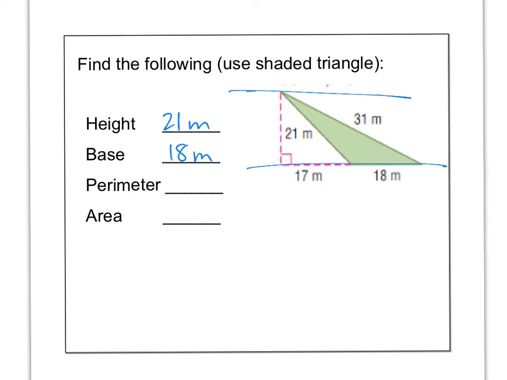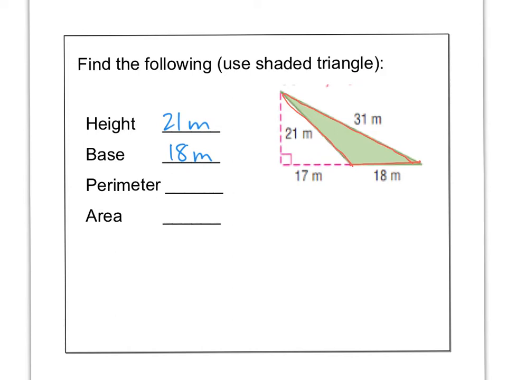Now, to find the perimeter of the shaded triangle, we're going to need to find a missing side. You can see we know 2 of the sides of the triangle. We know this side right here is 31, we know this side right here is 18, but we need to find this 3rd side.